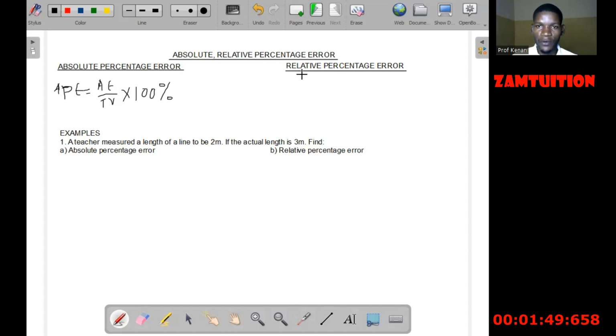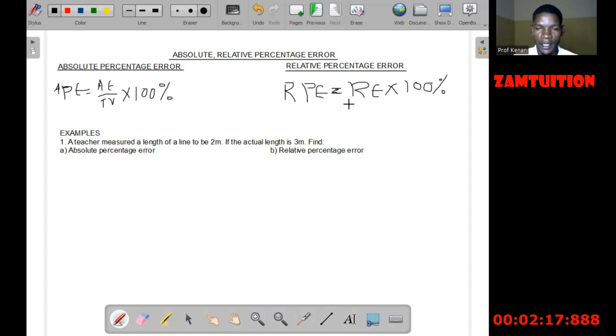We proceed to the relative percentage error, the RPE. So relative percentage error is equal to the relative error, multiplied by 100%. So we just get the relative error that you have found, and then you multiply it by 100%.